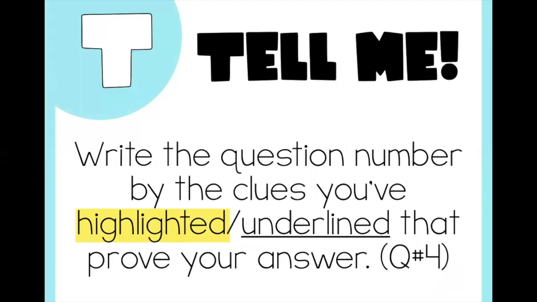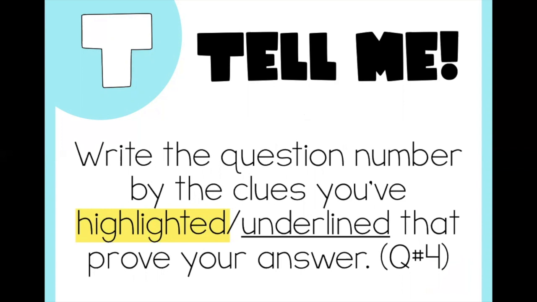Next is T, tell me. And this is when, as you are searching for your answers or for your proof, you might highlight or underline. So you're going to write the question number by the clues you've highlighted or underlined that prove your answer. So if you highlight something, you need to put Q for question number 4 or question number 12.